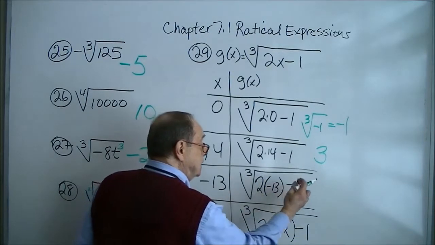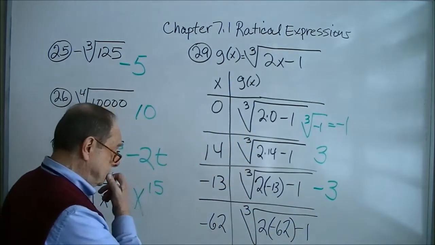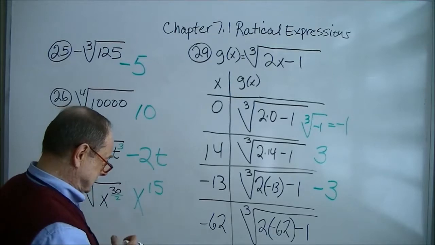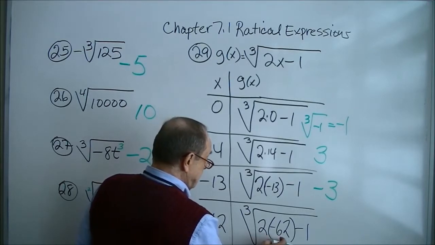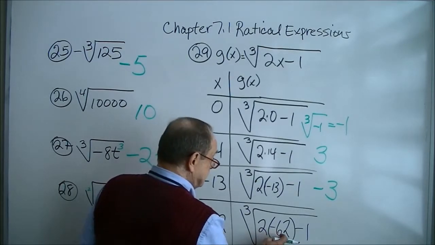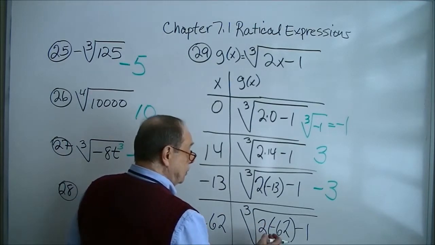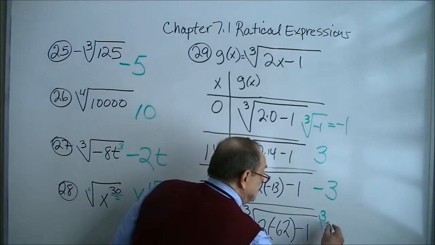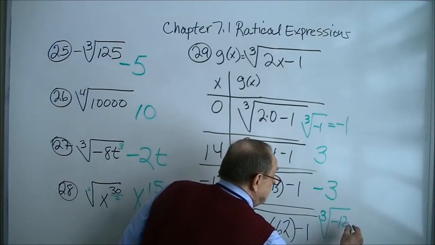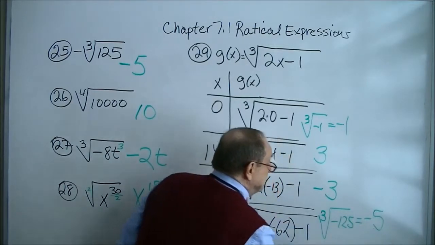The cube root of a negative 27 is negative 3. And here we have 2 times a negative 64, which is a negative 128, and a negative 1 makes this the cube root of a negative 129, which is a negative 5.